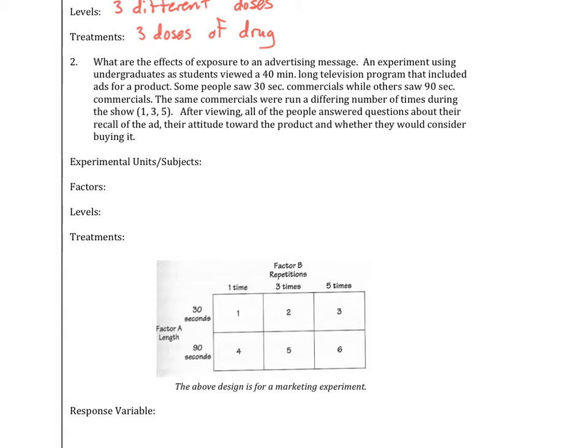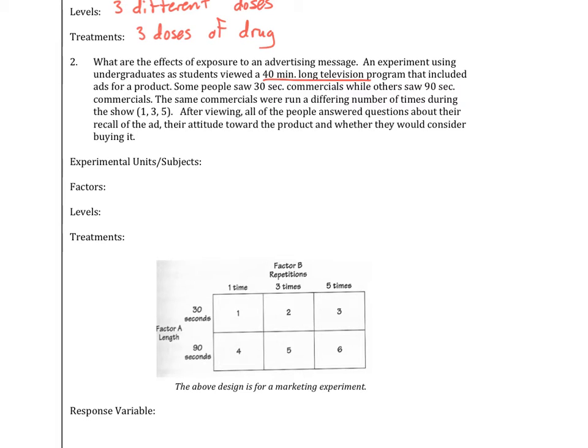So to recap that, they have undergraduates, and they're going to view a 40-minute long television program that included ads for products. So they're going to watch a show that's 40 minutes, and there's ads or commercials.